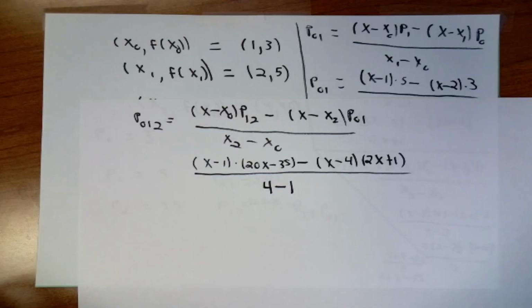Just as before, I have to simplify this, but this time it's going to be a little bit messier because of linear times linear instead of linear times a number.